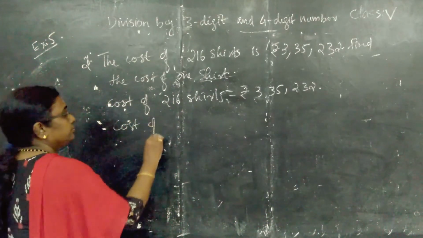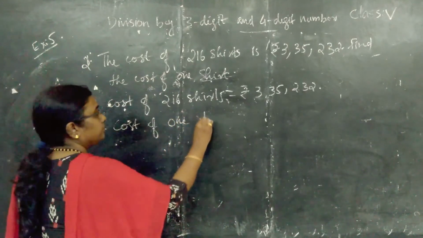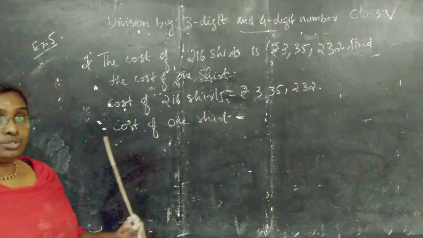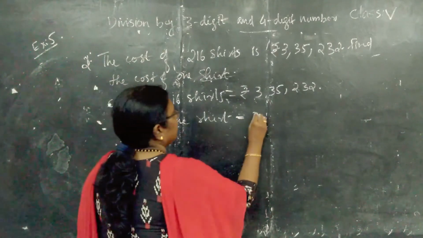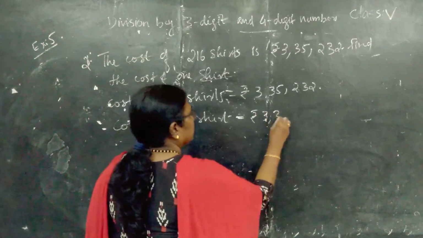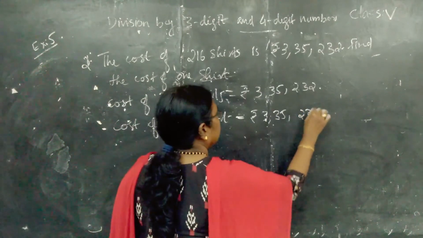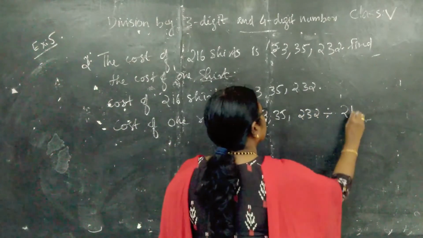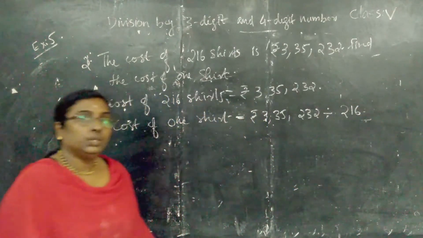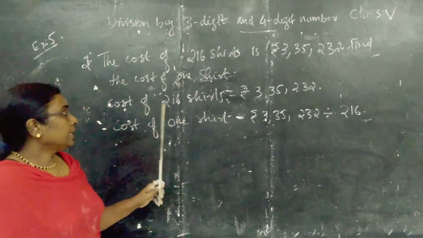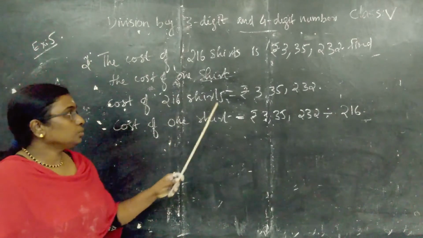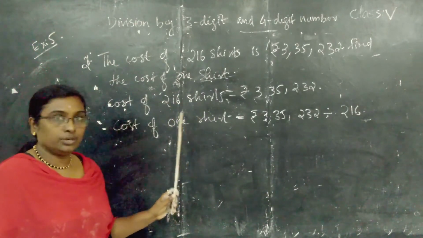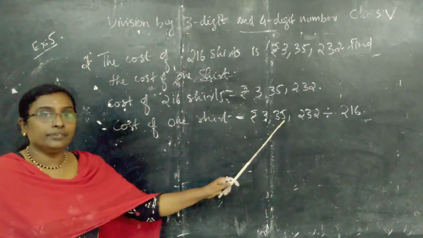Cost of one shirt equal to, in order to find the cost of one shirt, we divide rupees 3,35,232 divided by 216. Look here. We are given the cost of 216 shirts. But we have to find one shirt. In order to find one shirt, we have to divide.